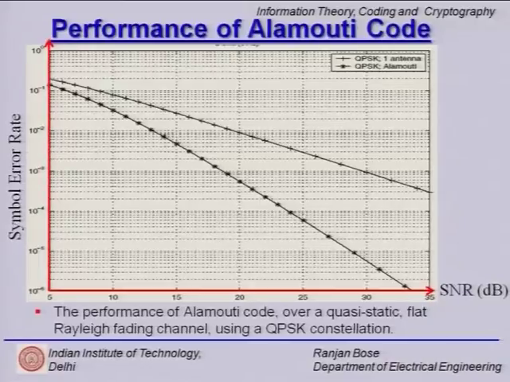You can see that there is a shift in the slope, the gradient changes, indicating the diversity gain. Also please note that these two diverge, which means as we go to a higher SNR regime, the diversity gain increases.